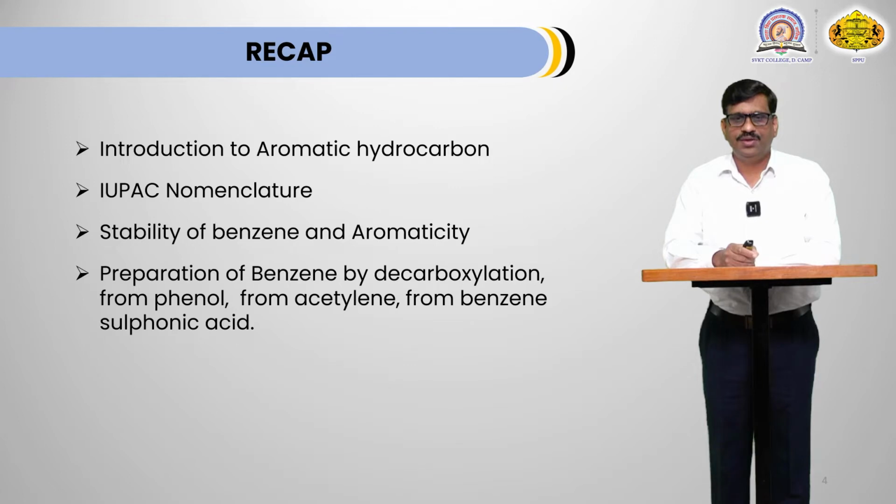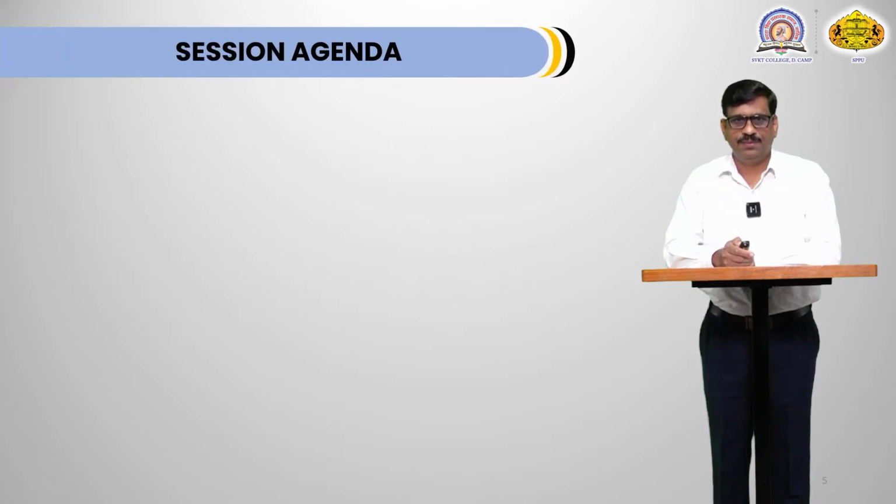We have seen stability of benzene and aromatic character of benzene. And finally, we have seen preparation of benzene by different methods, in that decarboxylation method, preparation of benzene from phenol, preparation of benzene from acetylene, and preparation of benzene from sulfonic acid. All these things we have finished during last lecture.